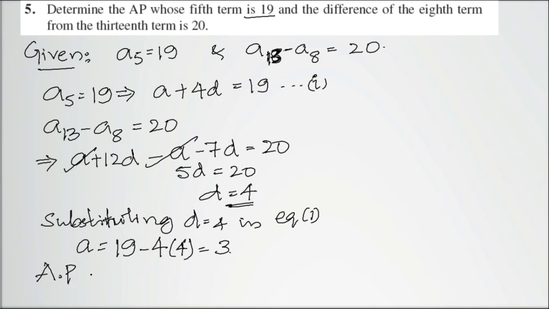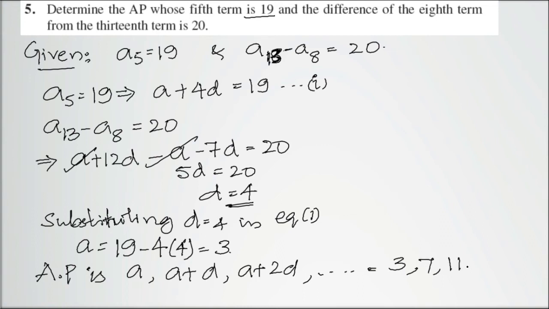Therefore, the arithmetic progression is A, A plus D, A plus 2D, and so on. Let us substitute it. The first term is 3, next term is 3 plus 4, which is 7, next term is 11, next term is 15, and so on. This will be the required arithmetic progression.